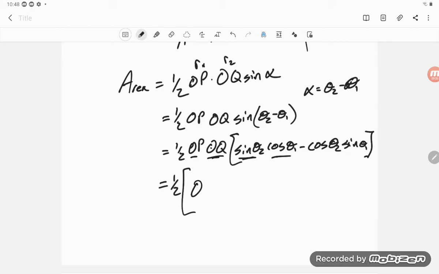So I'll write them as OQ sine theta 2, and OP next, cosine theta 1, and similarly I'll put the OQ with the cosine theta 2 here, and the OP, I'm running out of room, sine theta 1 there.